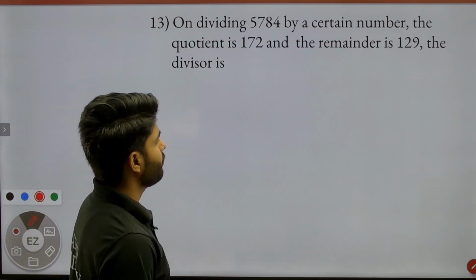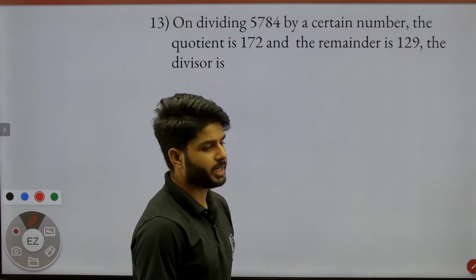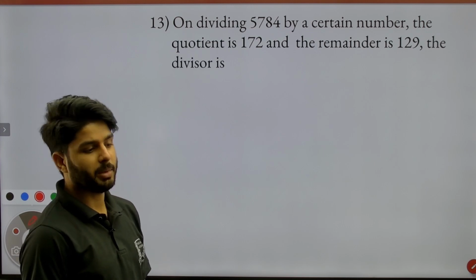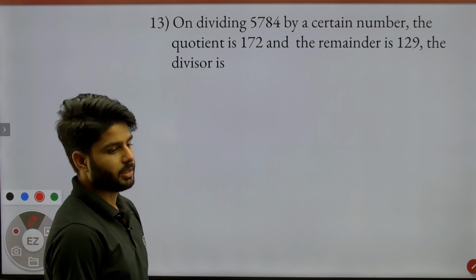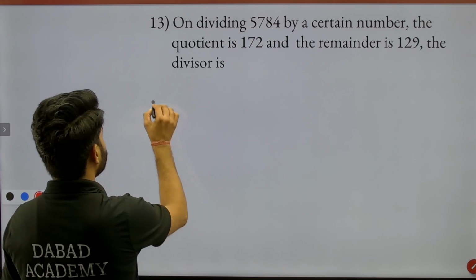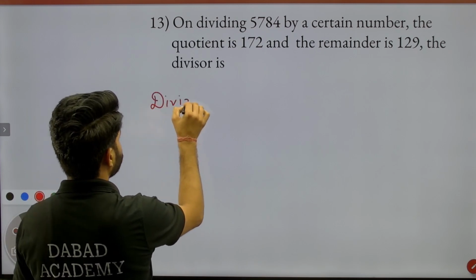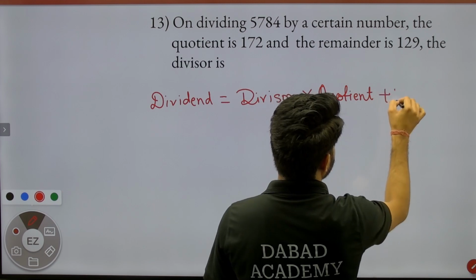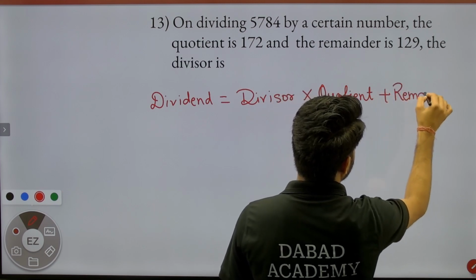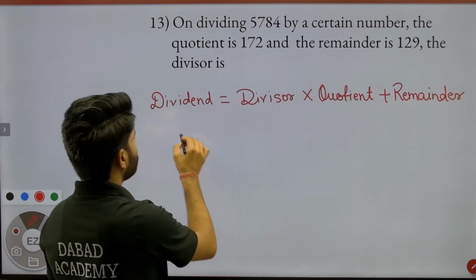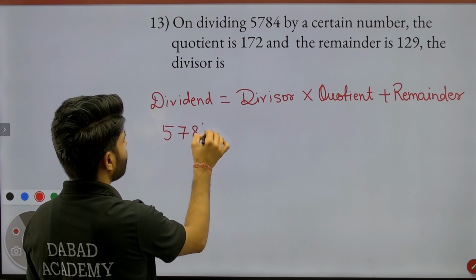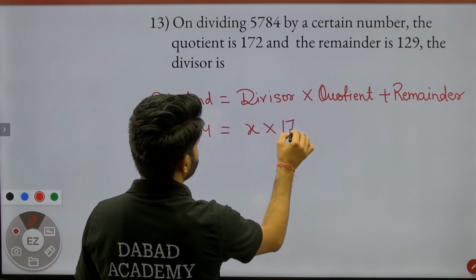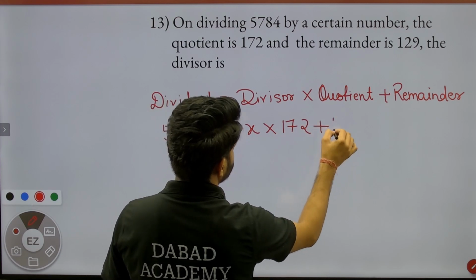On dividing 5784 by a certain number, the quotient is 172 and the remainder is 129. The divisor is? We have already discussed the formula: dividend equals divisor into quotient plus remainder. The dividend here is 5784, we don't have the divisor, let's suppose it is x, and the quotient is 172 plus remainder.